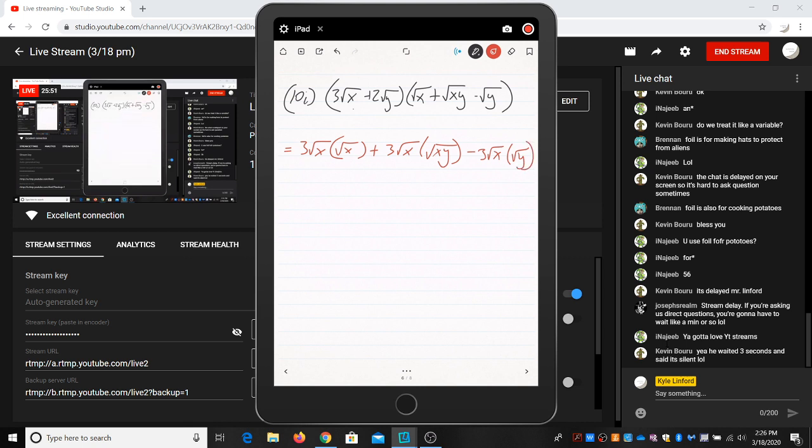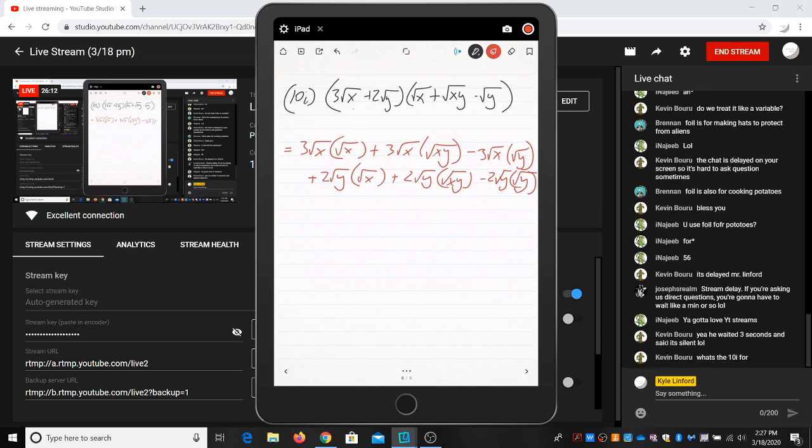Then we have to distribute all of 2 root y through. So let's do 2 root y to root x plus 2 root y to root xy minus 2 root y to root y. Not too bad, but I don't know, gets kind of messy.